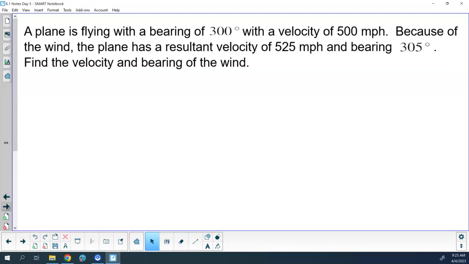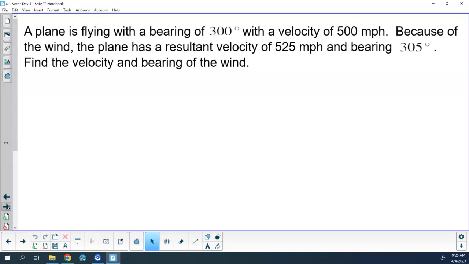Because of the wind, the plane has a resultant velocity of 525 miles an hour and a bearing of 305 degrees. We want to find the velocity and the bearing of the wind. Okay? So we've got to decipher what we have in this particular problem.